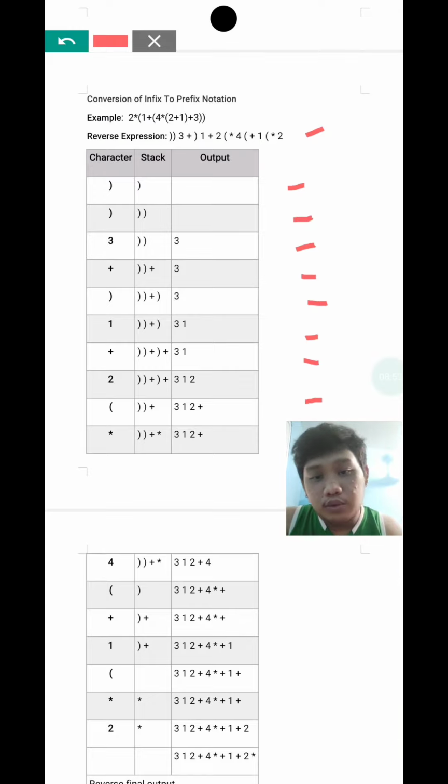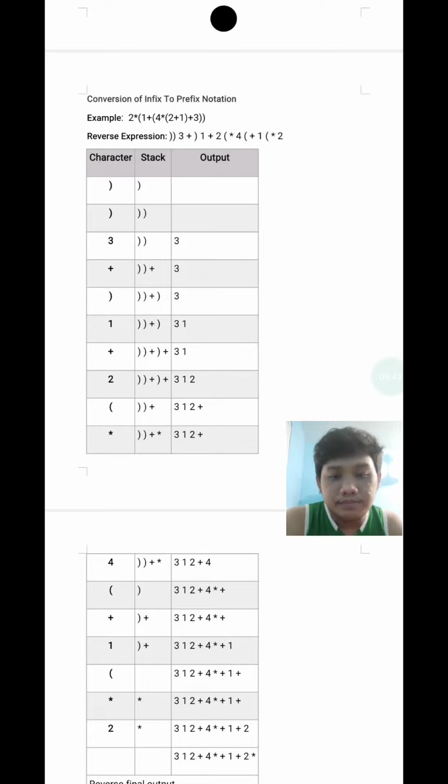So our plus symbol is popped from our stack and appended to our output here. Then pop the closing parenthesis from the stack and discard both parentheses. So the open and closing parentheses are discarded. So here in our output, what is left is the parenthesis and the plus symbol.